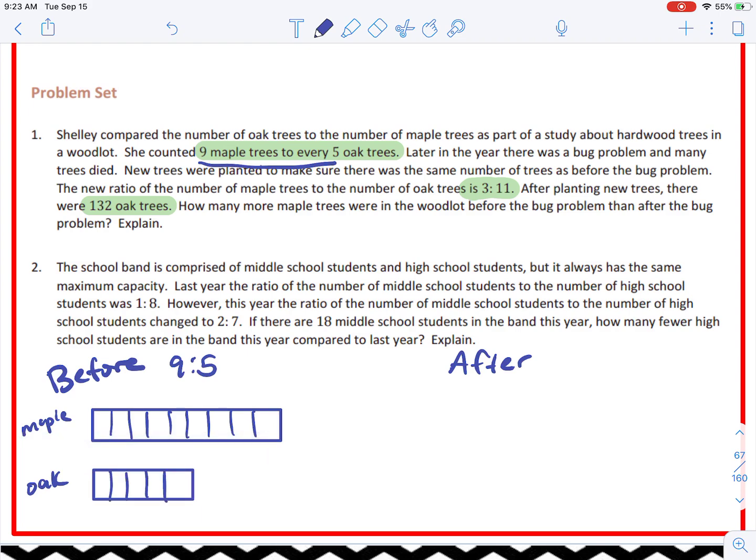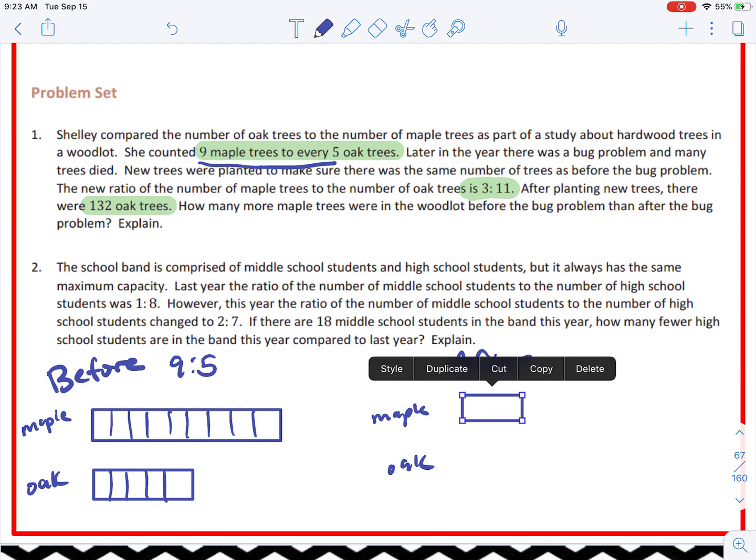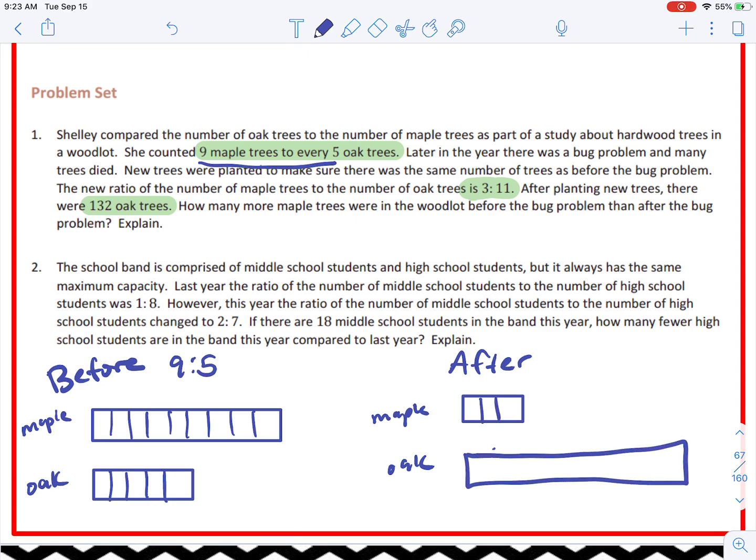Okay, and then after the bug problem, the ratio of maple to oak was 3 to 11. Okay, so I'm going to make 3 units for the maple and 11 for the oak.